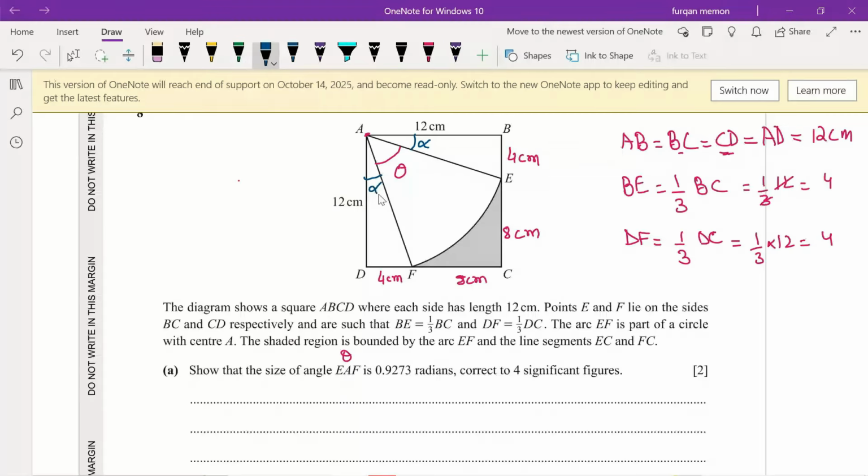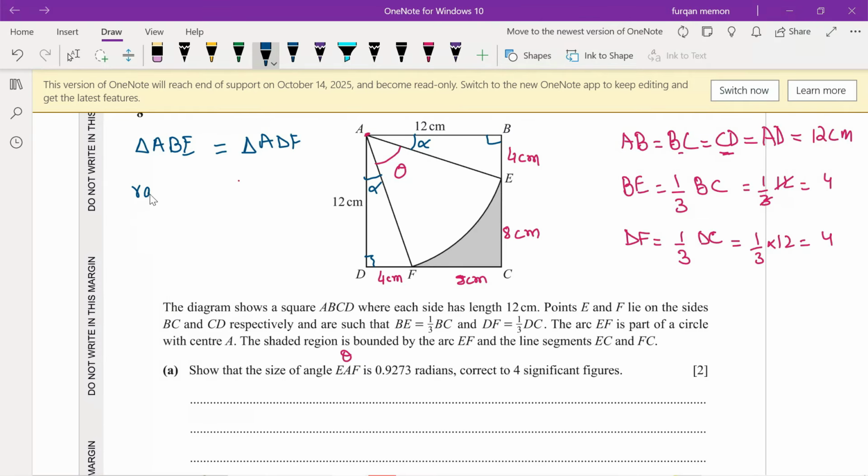If we can find this alpha and this alpha, which are the same, because triangle ABE is equal to triangle ADF. AD is 12, and this is also a right angle triangle, and BE is 4 centimeters, here DF is 4 centimeters, and this is the radius.